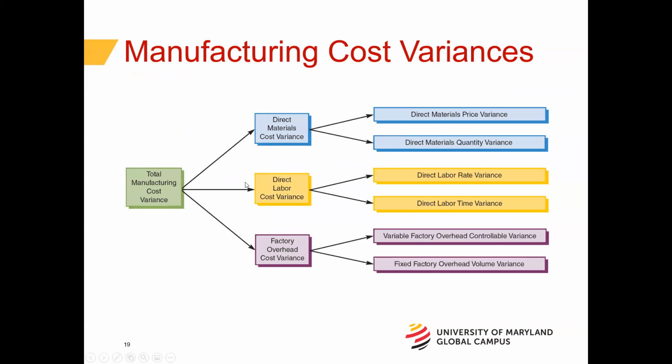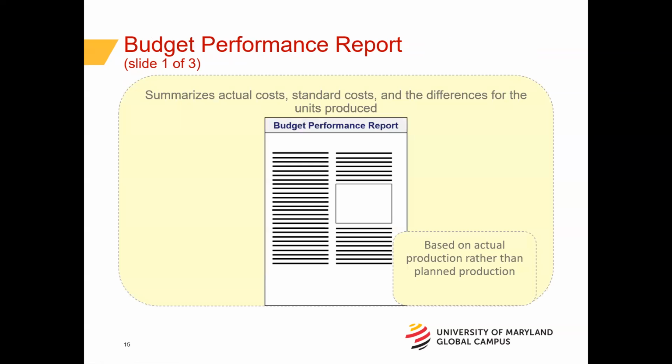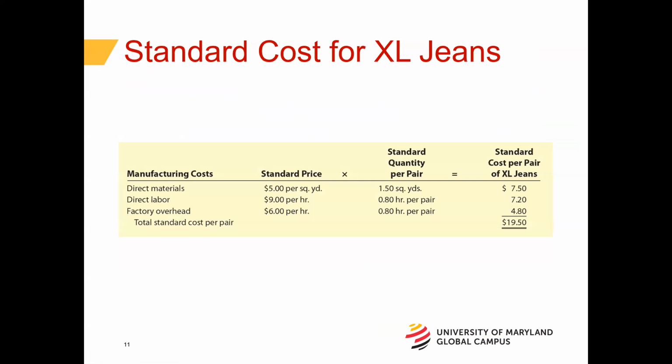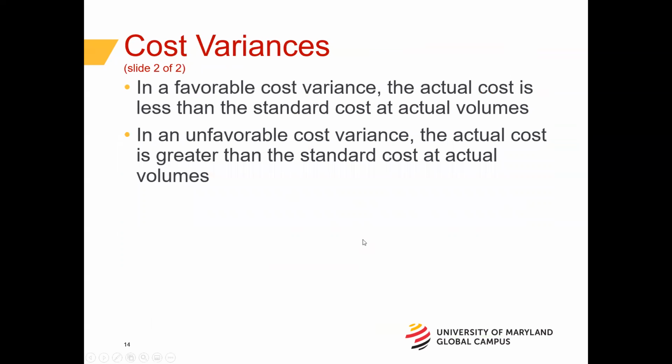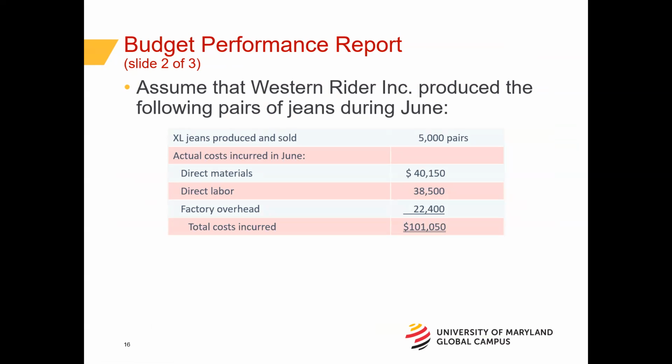We said that the standard cost, which is the budgeted cost, is $19.50. Based off of our actual performance in the month of June, we can see that our actual cost per pair of blue jeans is $20.21.